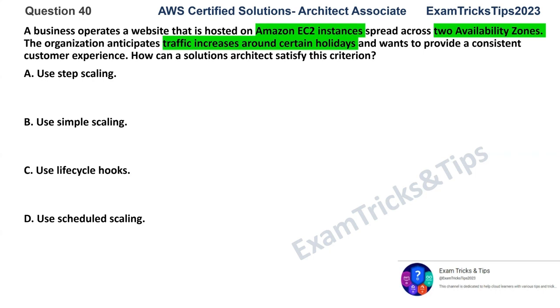So option A says let's use step scaling, and option B says let's use simple scaling. Now, both of these options are not going to scale up quickly enough for a known upcoming change. In both these cases, the change is going to be stepwise, and in some cases it will be manual as well. Both simple scaling and step scaling react after changes in metrics, so they may not scale quickly.